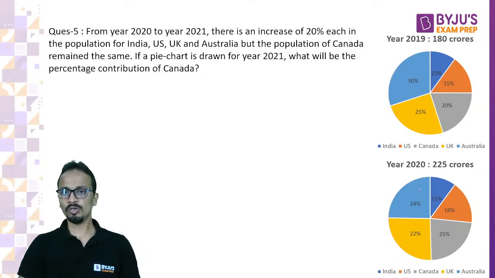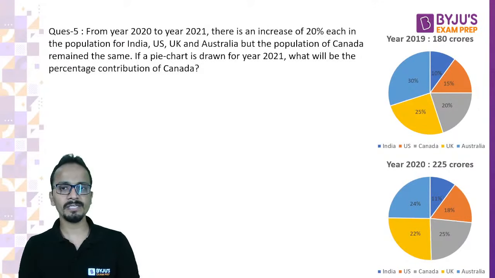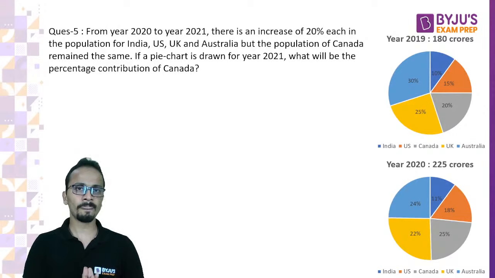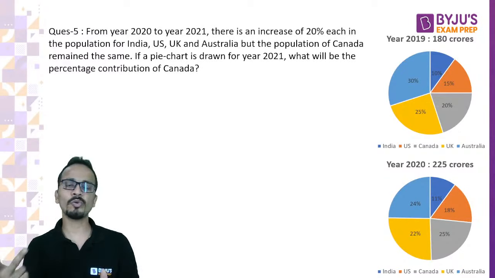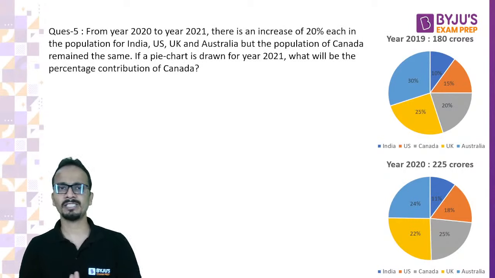So we have the value of population of these countries for year 2020, 11% of 225, 18% of 225 and so on. Then we calculate their population in 2021. So for India, US, UK and Australia, it has increased by 20% and for Canada, it has remained the same.